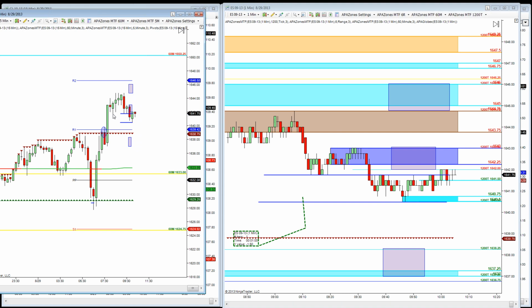That's why it's good to keep things in context. Yeah, we have support and resistance playing for us in the short term, but where do we see the long-term move?